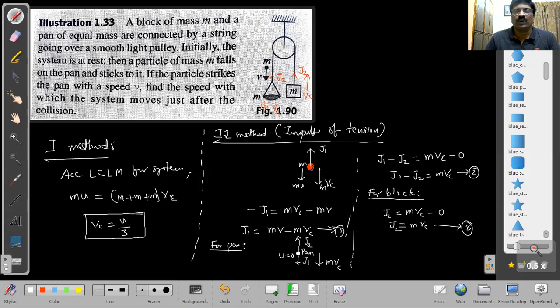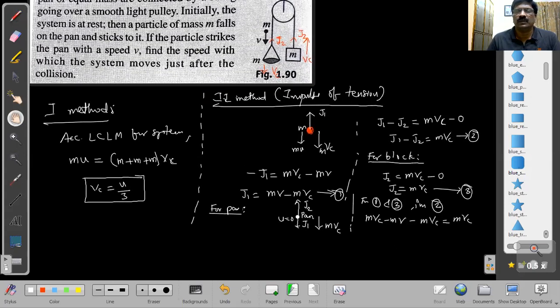That is equation 3. From 1 and 3 in 2, you substitute the J1 and J2 values in 2. So J1 is equal to m v minus m Vc.